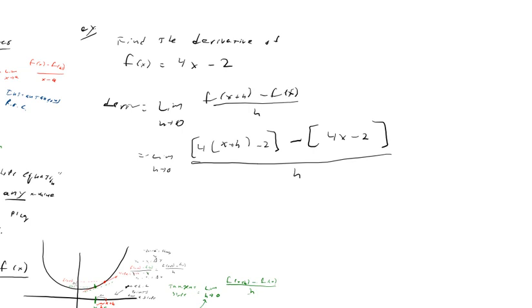Now I do my simplifying. Limit as h approaches 0 of, I distribute my 4, and I distribute that negative. So I'm going to get 4x plus 4h minus 2 minus 4x plus 2 over h.